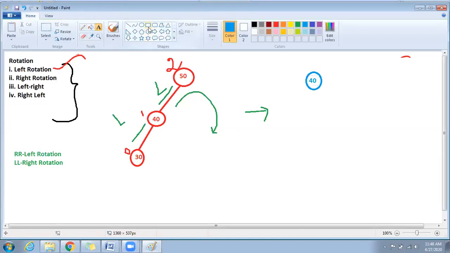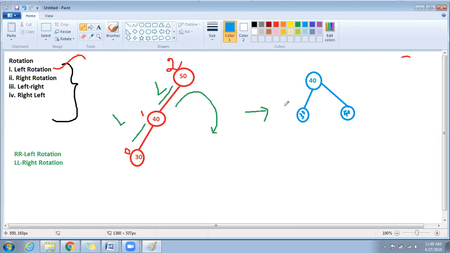And 30 will come on the left side of 40, and 50 on the right side of 40. Very good. Guys, any other doubt in this? No, ma'am.